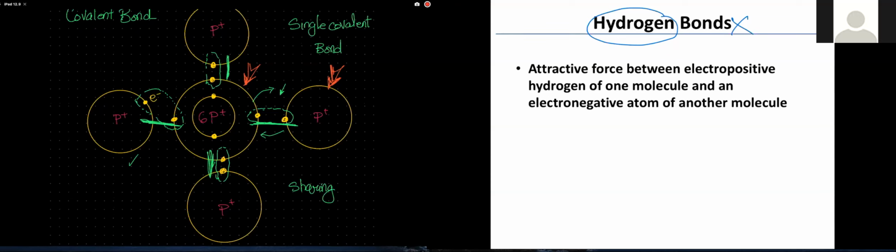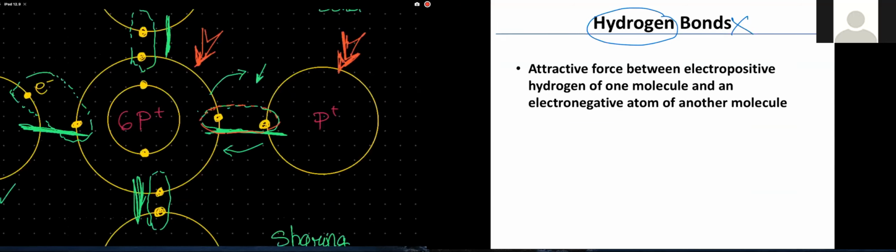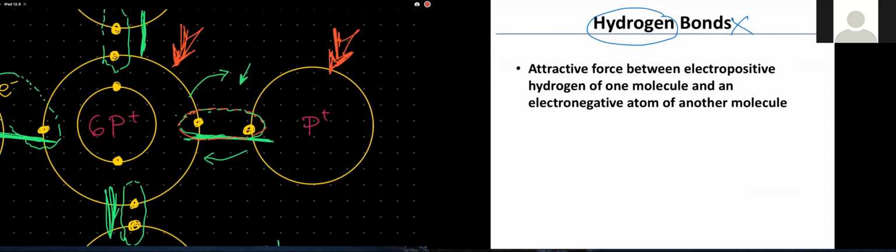A pair means two electrons, right? How many pairs am I sharing only between this carbon and this hydrogen?